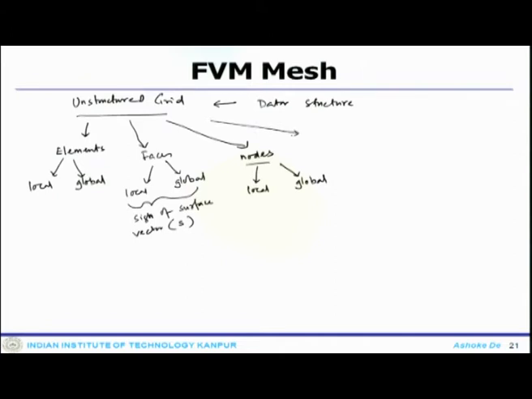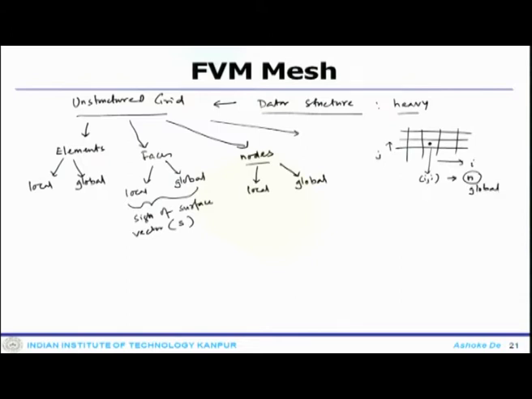So, if you see the handling of the data structure from a programmer's point of view, it is quite heavy. It is not as straightforward as what you have seen for the structured cases, because in structured cases everything was nicely ordered. As you go by the i and j loop, you could figure out the i and j element with a global numbering. So, this is your global indexing.